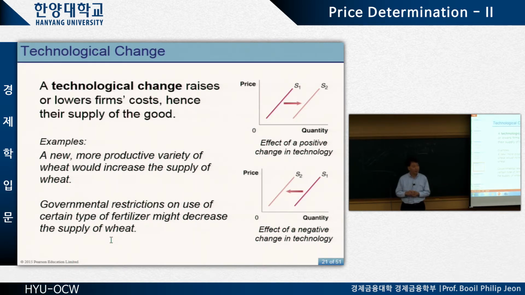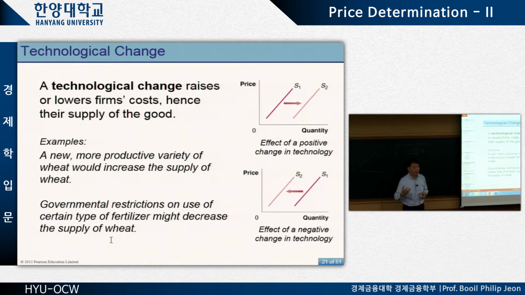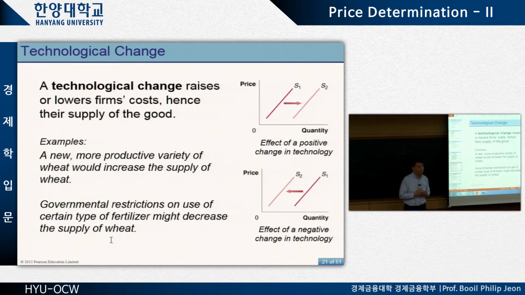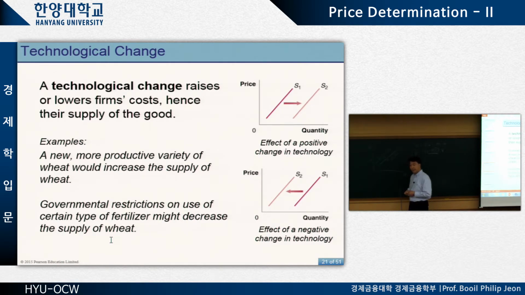That's why I said it's basically the same thing. Having a better technology achieves the same results as finding a cheaper input. So if you have a better technology, supply will shift to the right, because using the same amount of resources, you can produce larger output.